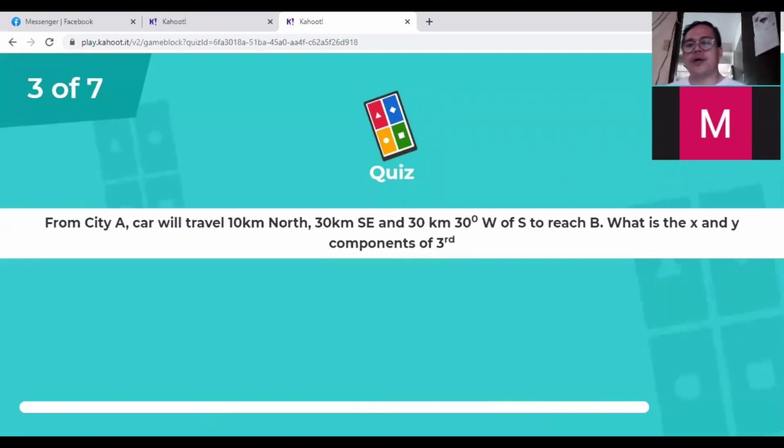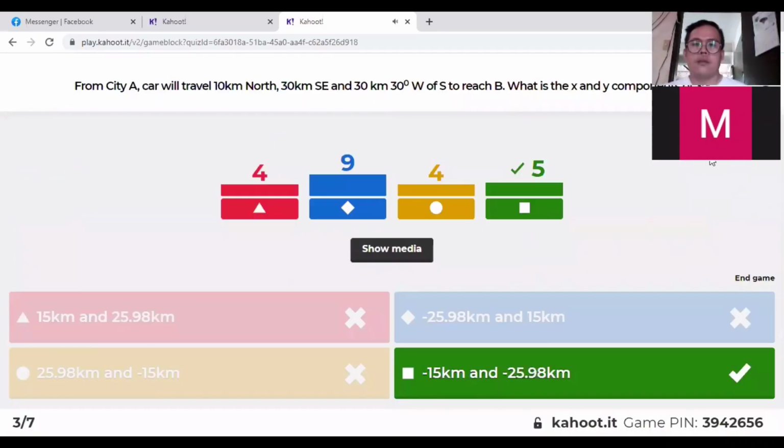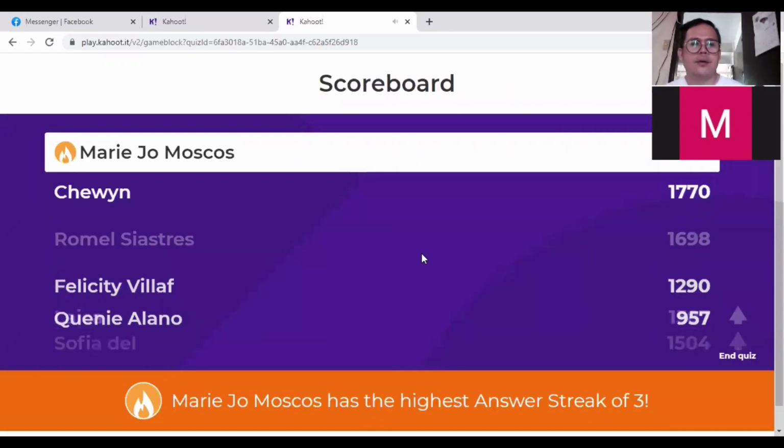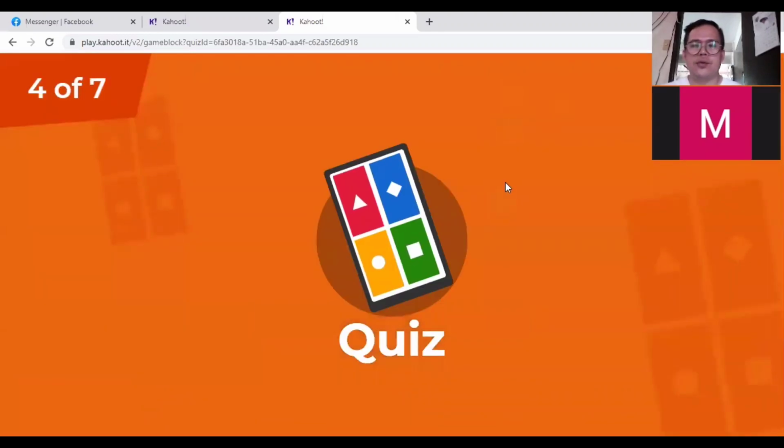So we are now in the third vector. Okay, only 5 got a correct answer. All right, so let's now proceed to the fourth question.